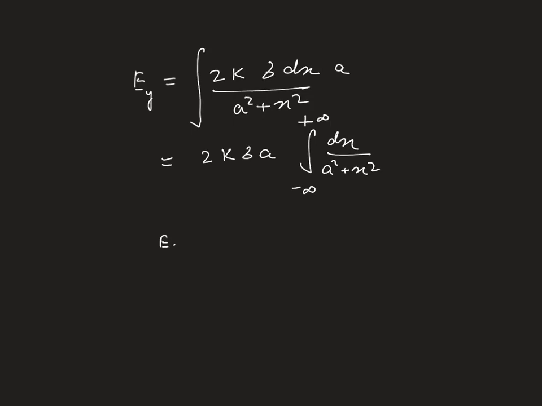That will give us E naught equals 2k sigma a times 1 by a tan inverse x by a, with limits again from minus infinity to infinity.